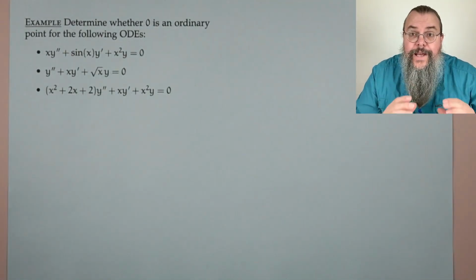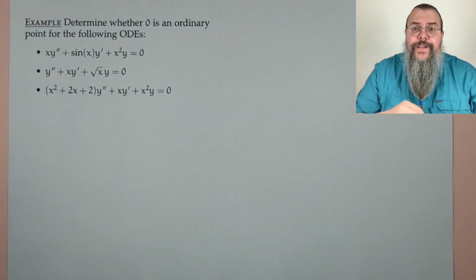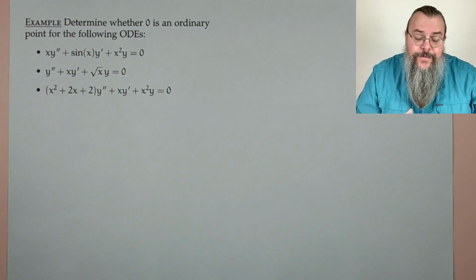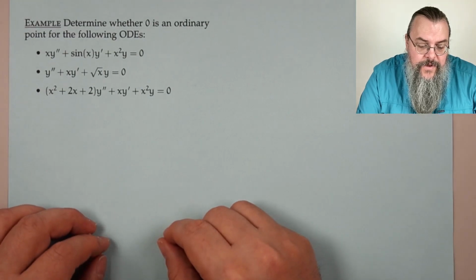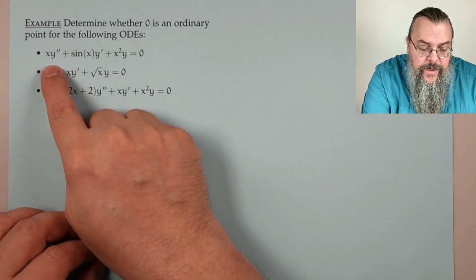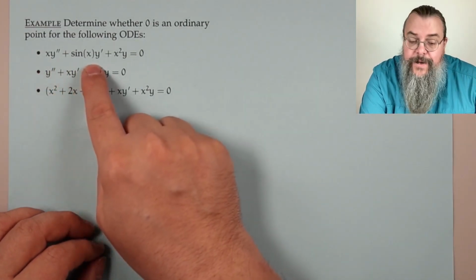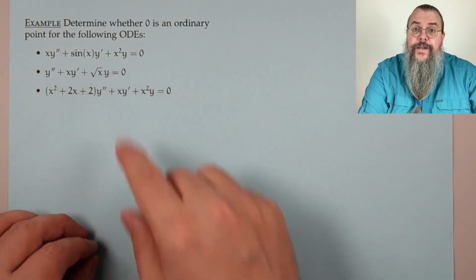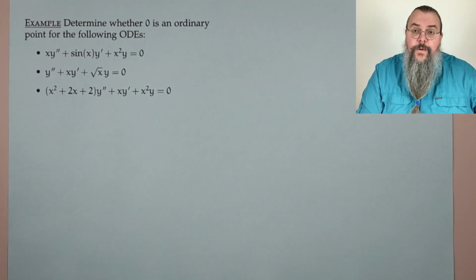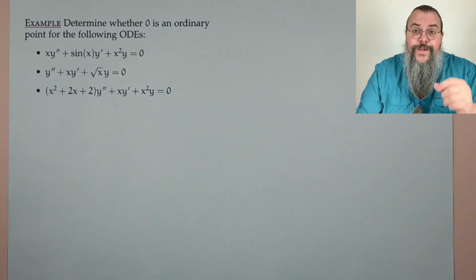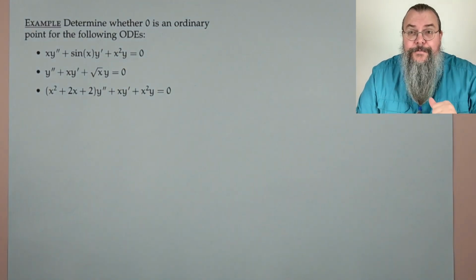So, we're asked to determine whether 0 is an ordinary point for the following differential equations. All right, well, we have xy'' + sin(x)y' + x²y = 0. Well, we want to get our coefficient in front of y'' to be 1.